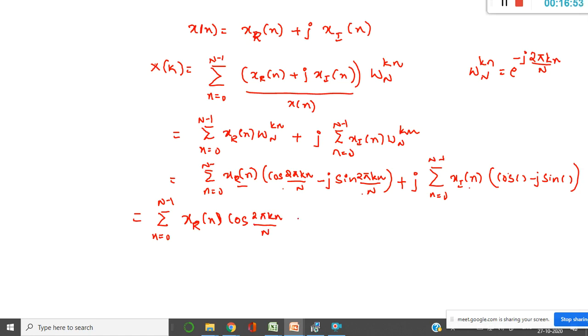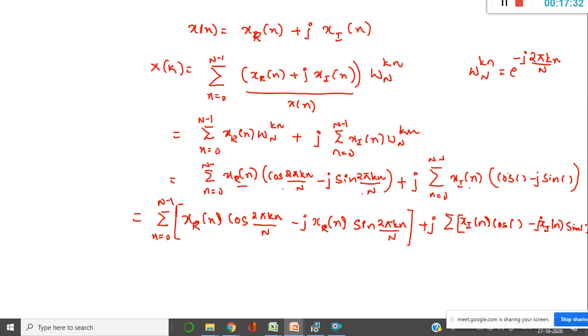Again, if you observe carefully, this will be minus j times xr of n sine of 2 pi kn by n, right? So this I'll keep as it is, plus j times summation xi of cos term, again minus xi of j times sine term, right?